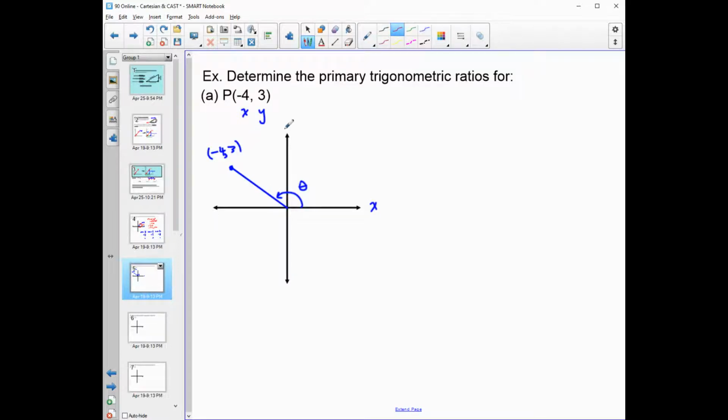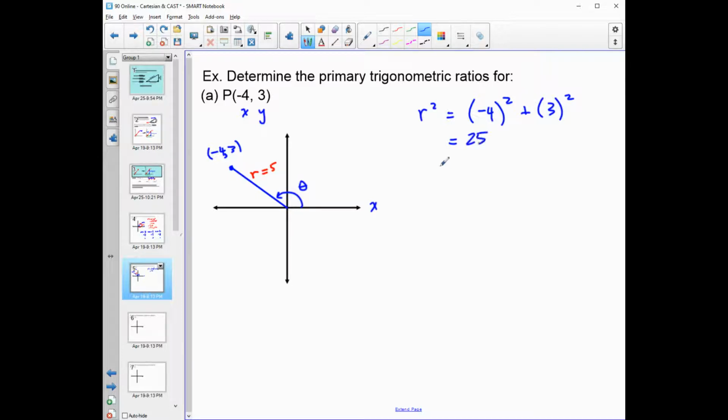Now, something that hasn't changed with respect to our triangle is the fact that this r value is still equal to 5. And the reason for that, r squared equals x squared, which is negative 4 all squared, plus y squared. And of course, the negative 4 all squared becomes positive 16 again.